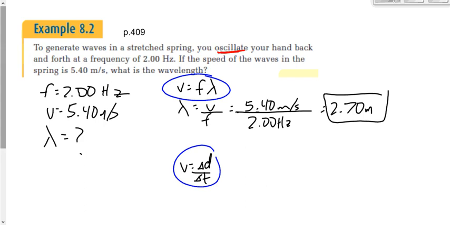You're allowed to use this. Can anybody think of another one that may every once in a while be used in one of these? Speed, distance, time, speed, frequency, wavelength. How about this one? All three of these are valid. In this case, you only needed to use one, but be ready to use the other two as well.